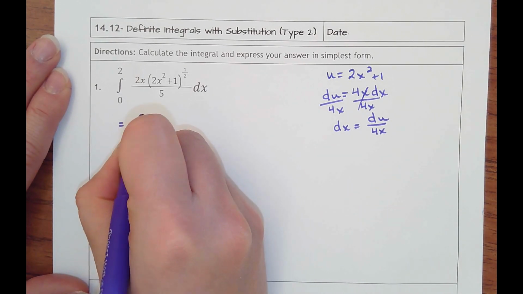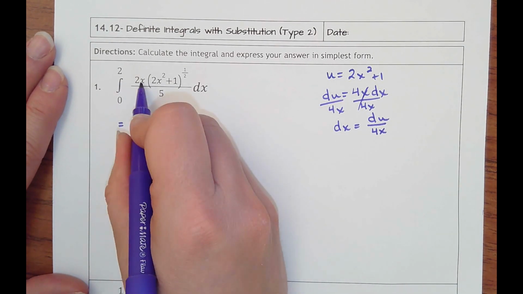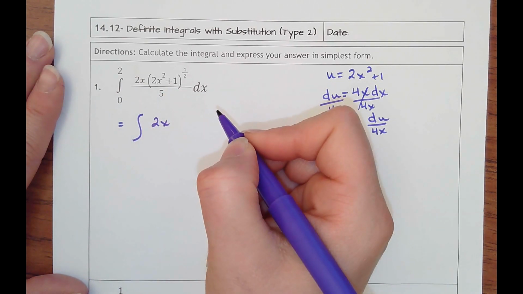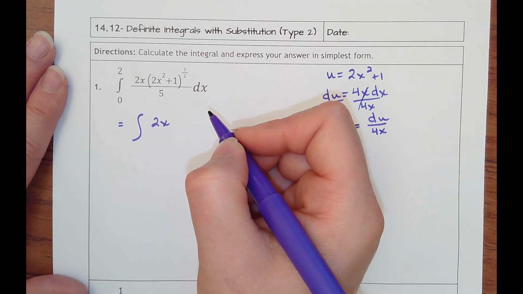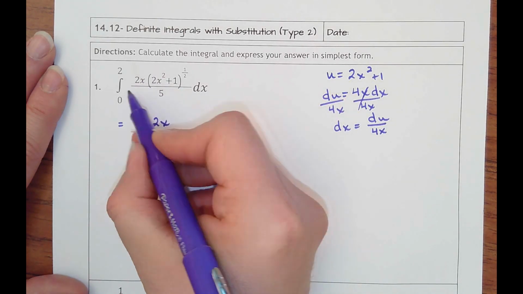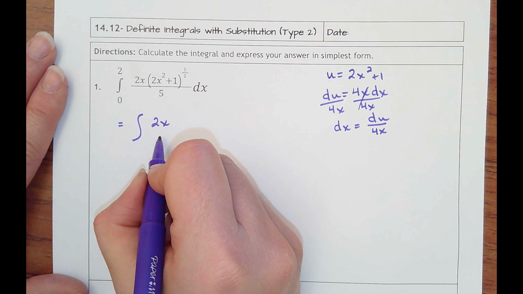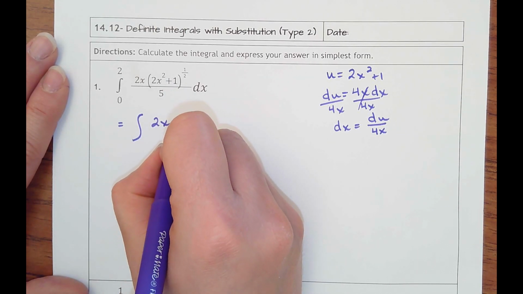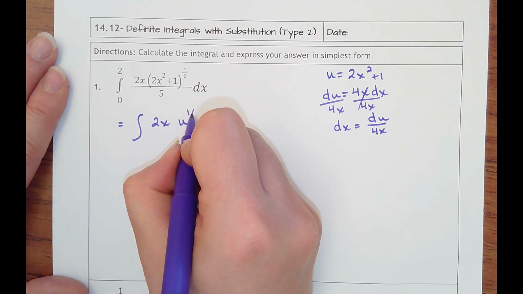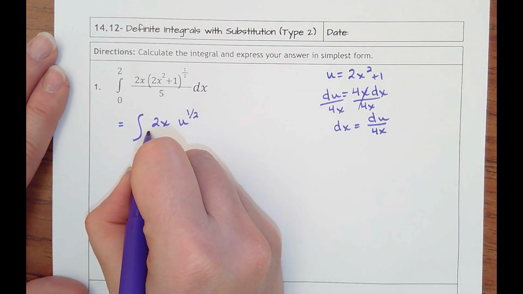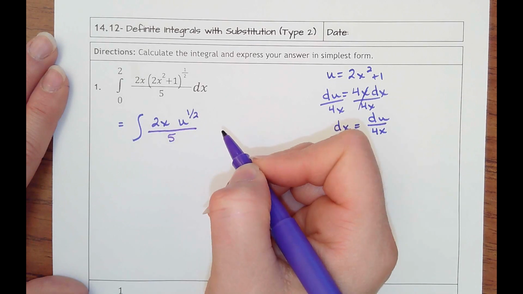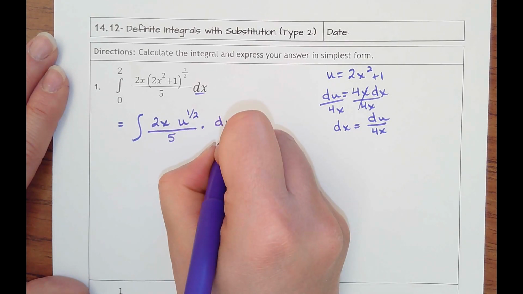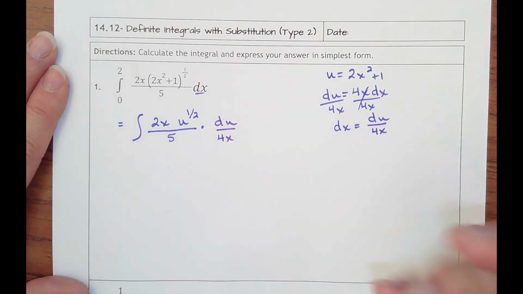All right, so we're ready to make the substitution or rewrite here. Again, I'm not going to keep the same bounds, so I'll leave those alone. I've got 2x. And actually, what might be easier is taking the 2/5 out in front. I'll leave it for right now just so you can see. But I've got 2x times u to the 1/2 power, which is a square root, over 5 times, now I'm replacing dx with du over 4x.